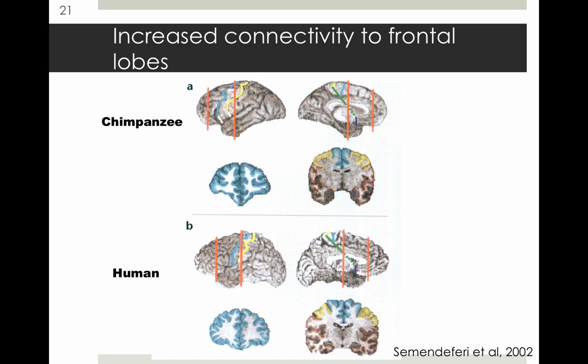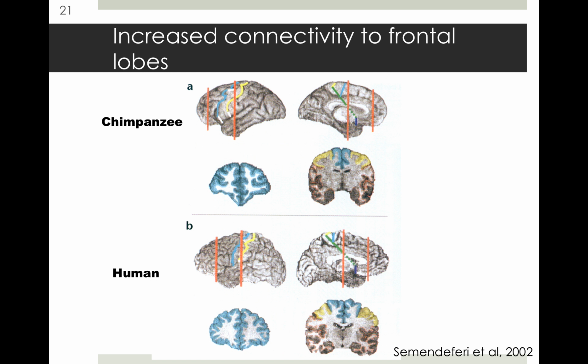But it turns out that the story is not that simple, because it's not just about an increase in frontal lobe volume or relative frontal lobe volume, but also about increases in structural connectivity to your frontal lobes. So this is specifically comparing humans and chimpanzees, and you can see, looking at the same coronal slice across the prefrontal cortex, comparing a chimpanzee and a human, it's not just that cortical area is different.